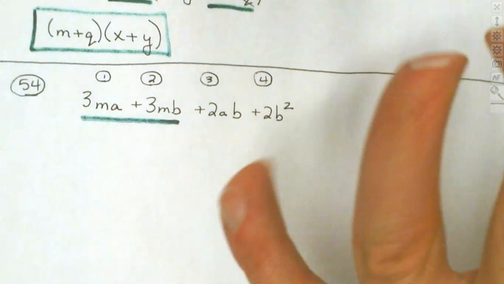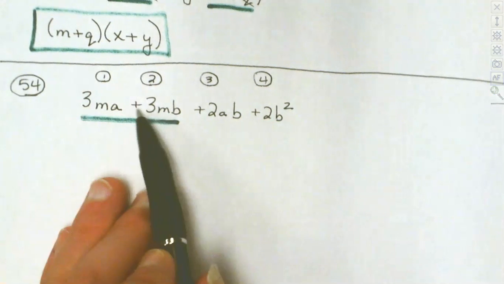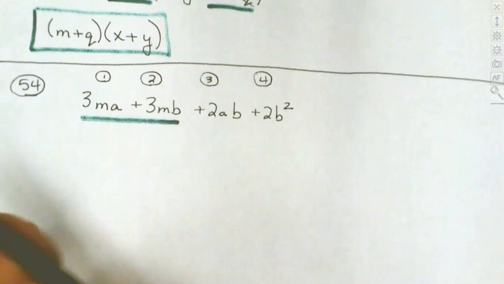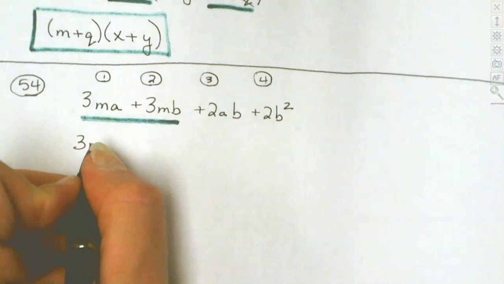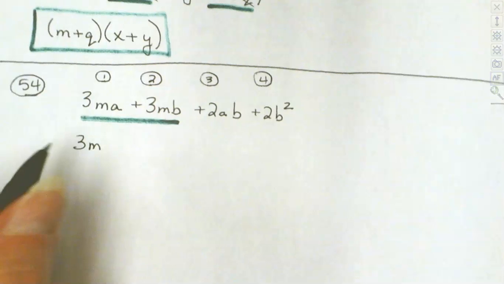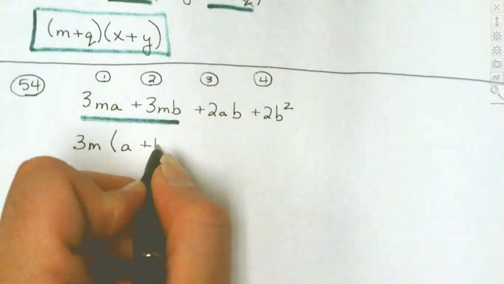We can just factor it by grouping with the same order as it is. So now when we look at these 2 together by themselves, they have a 3 in common, and they have an m in common. 3 and an m comes out. What's left over? A plus b.